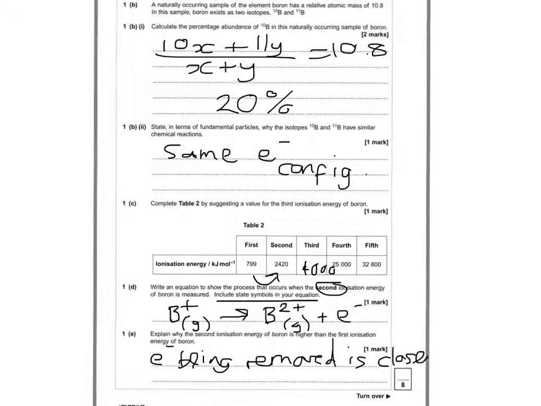My writing's appalling on this because I'm using my finger on the iPad. Sorry about that. Okay. There are a few things that they will allow there, but it's the key thing that the electron is closer to the nucleus.